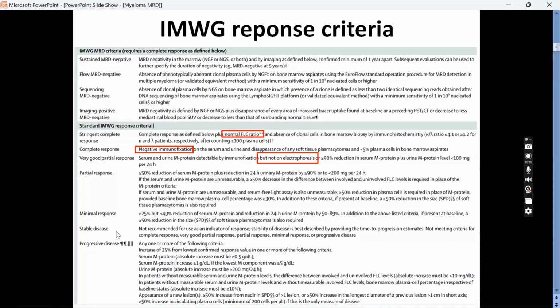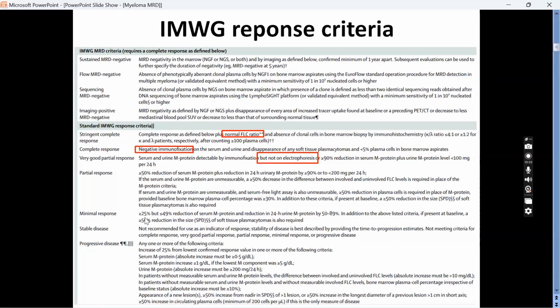Stable disease is when it is not coming down and is refractory to your treatment, persisting in the same way as it was at diagnosis. Minimal response is when you have a slight reduction in serum M protein. So it is a response, but not to the level which is desired.